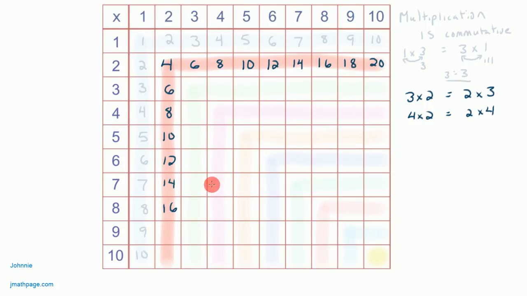So 9 times 2 should also be 18. 10 times 2 should be the same as 2 times 10, 20. So we can say this will be 20. And we're using the commutative property again and again. So we've done our 2's now. Let's move to our 3's.